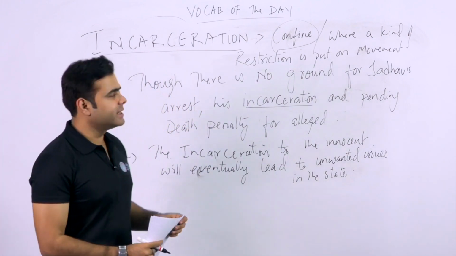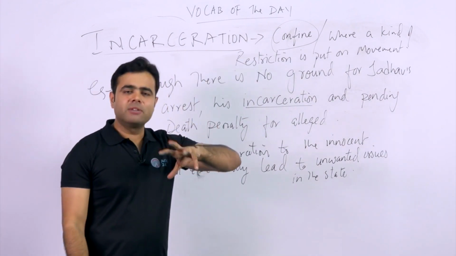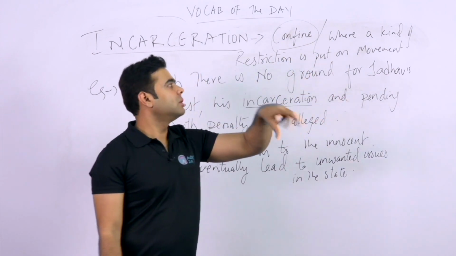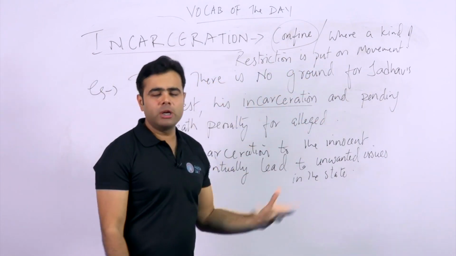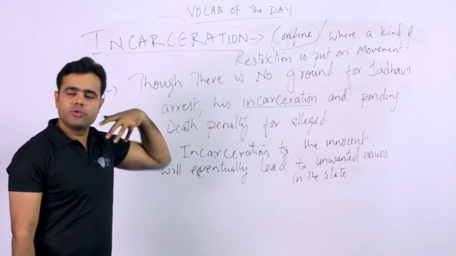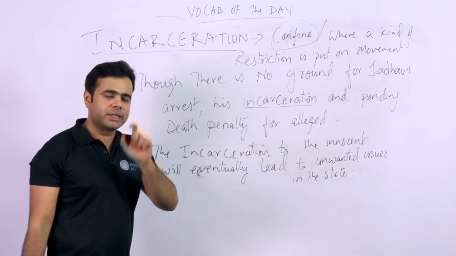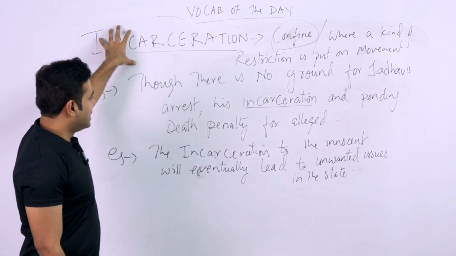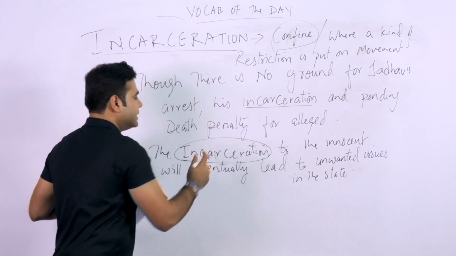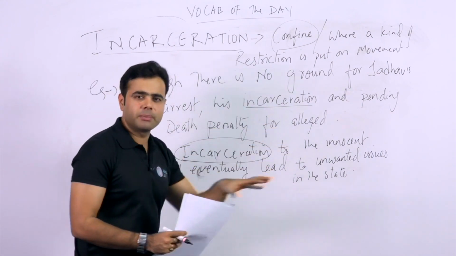I have written what the meaning is in the form of a sentence: confine, where a kind of restriction is put on the movement of someone. Fine. Are you getting it, students? So incarceration can be a kind of jail, a kind of restriction. Fine. So this I have used in the sentence. I believe all the students must have got the meaning of incarceration by now.